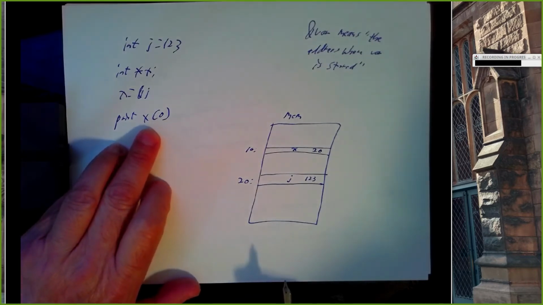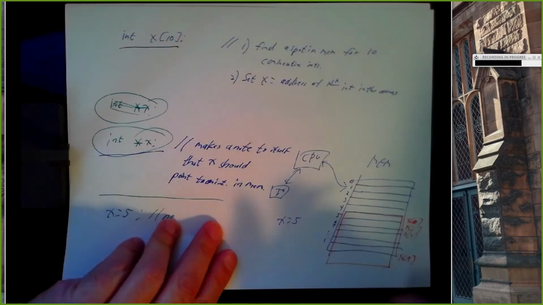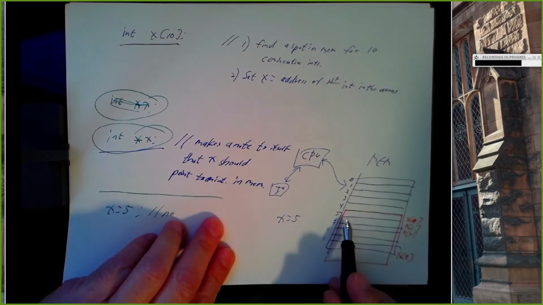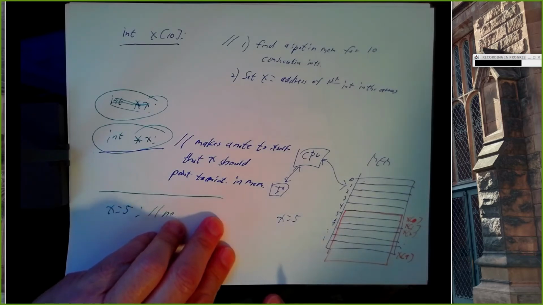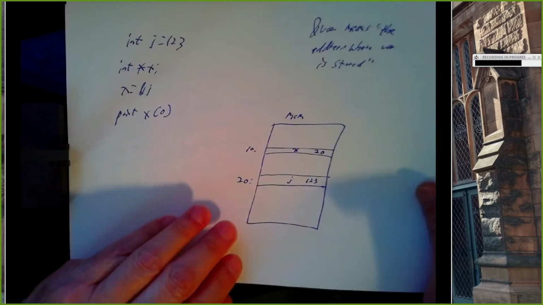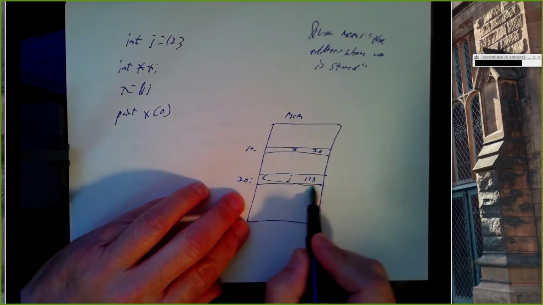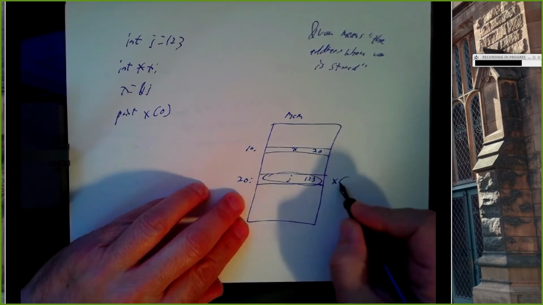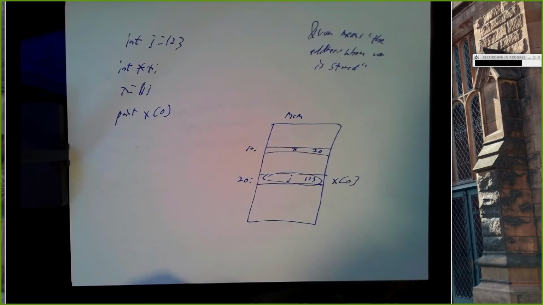And then if I print x bracket 0, remember our picture here, x bracket 0 is the thing at the location in memory corresponding to the value of x. Since x is equal to 20, x bracket 0 would be the thing stored right here. And so it should just print out the value of j.